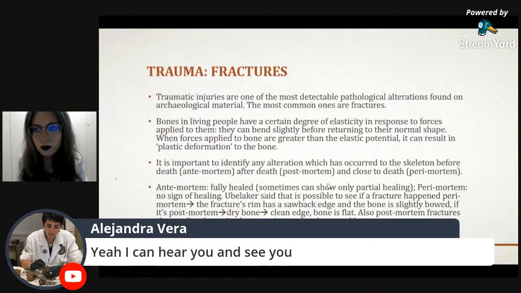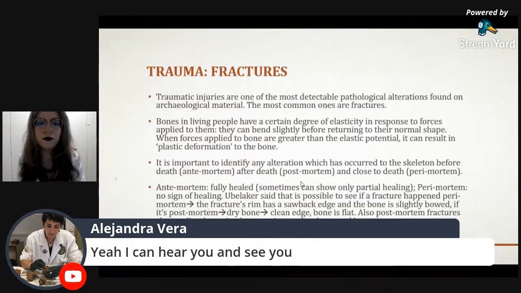It's important to identify the moment of the alteration. If that alteration happened to the skeleton before death, it's referred to in archaeological literature as ante-mortem. After death, post-mortem, are words derived from Latin, and close to the moment of death, perimortem.